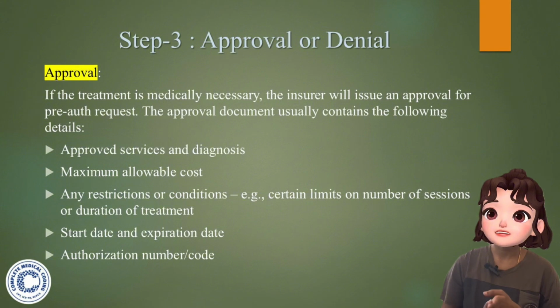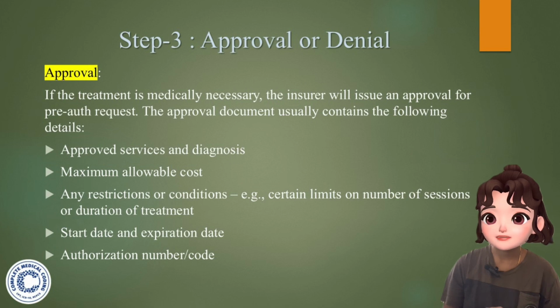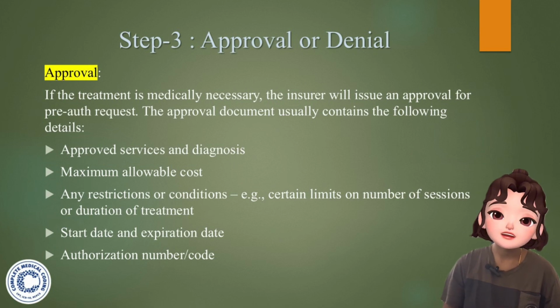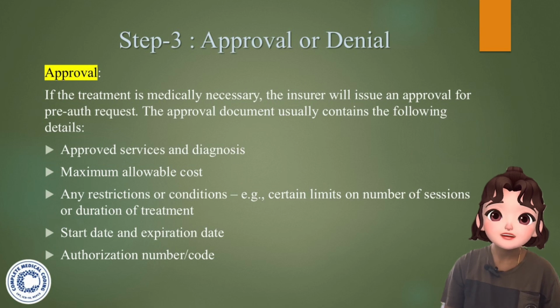Now, the fourth one is start date and expiration date. When is the start date of the approval and when is the expiry date of the approval? For example, for a surgery, usually we will take prior authorization maybe 2 or 3 days before, sometimes 1 week before. So it varies on what the procedure is.